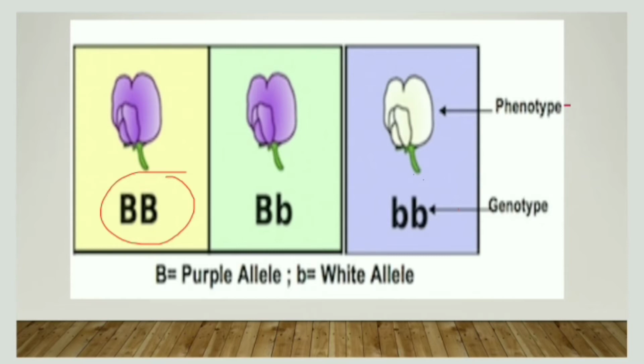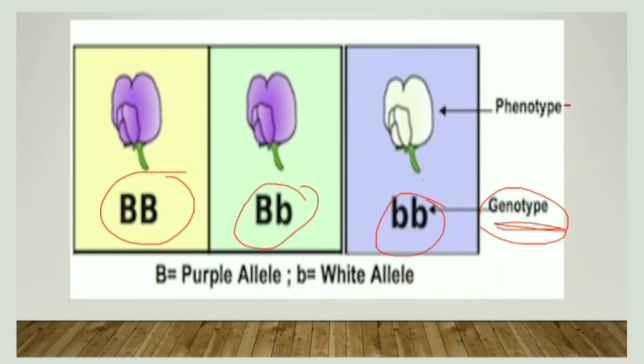For a purple color, it is either a capital B and a capital B, or a capital B and a small b. For a white color, it is a small b and a small b. So these are referred to as genotype. That is, the two alleles that give a flower a particular color are known as genotype here.